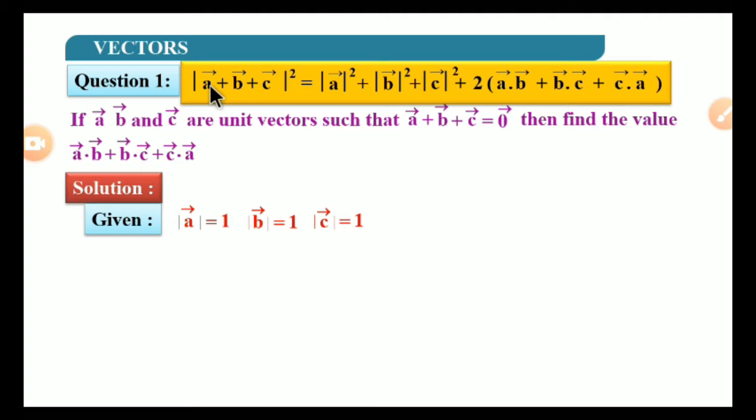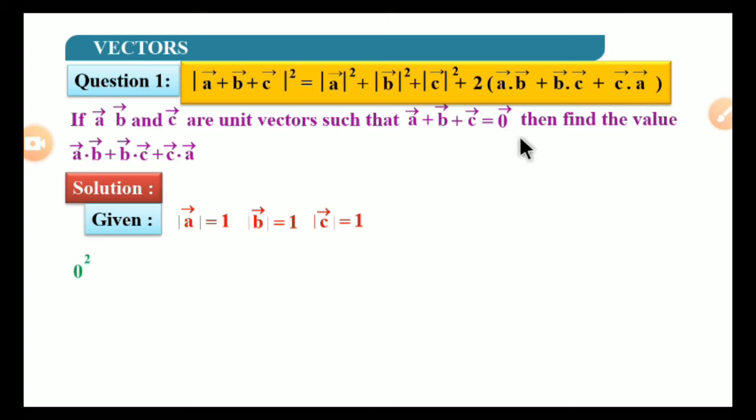Now consider the identity, or here that result 1 here. So considering this one here, we will solve this question. So that here directly I am putting the value here, a plus b plus c, it is already given, it is equal to 0 vector. So that here magnitude of a plus b plus c is equal to what here? 0.